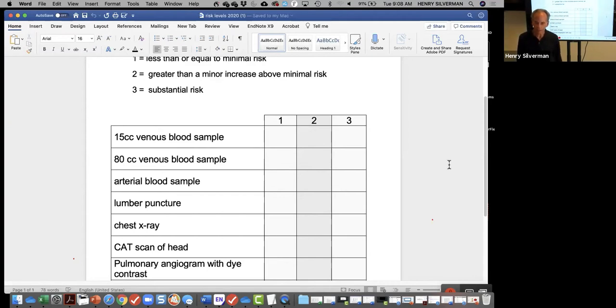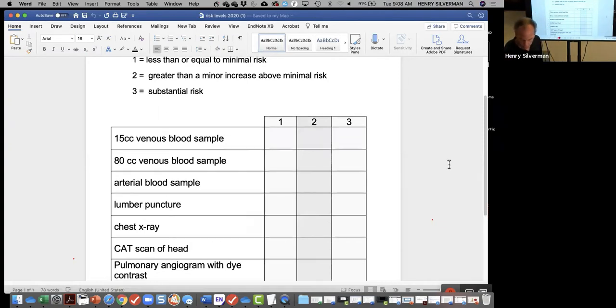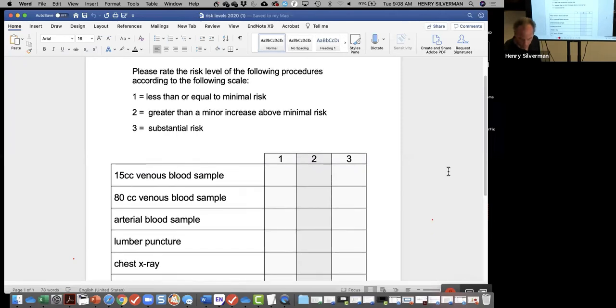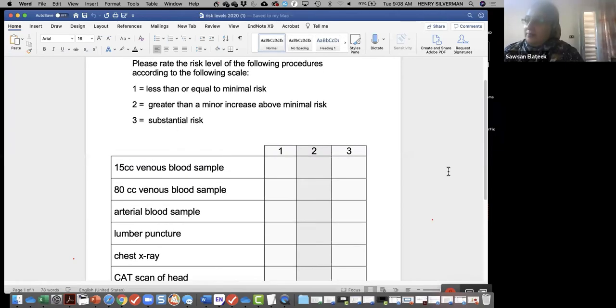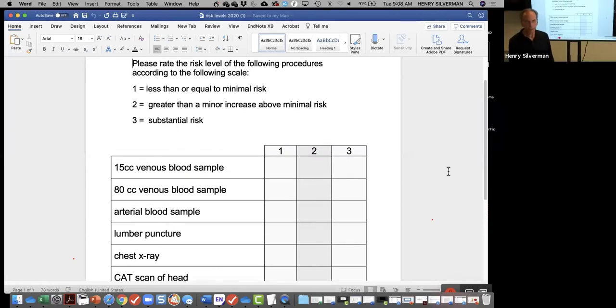Okay. All right. So the first thing I want to do is this exercise. One of the definitions of low risk is to link it towards common procedures done clinically.